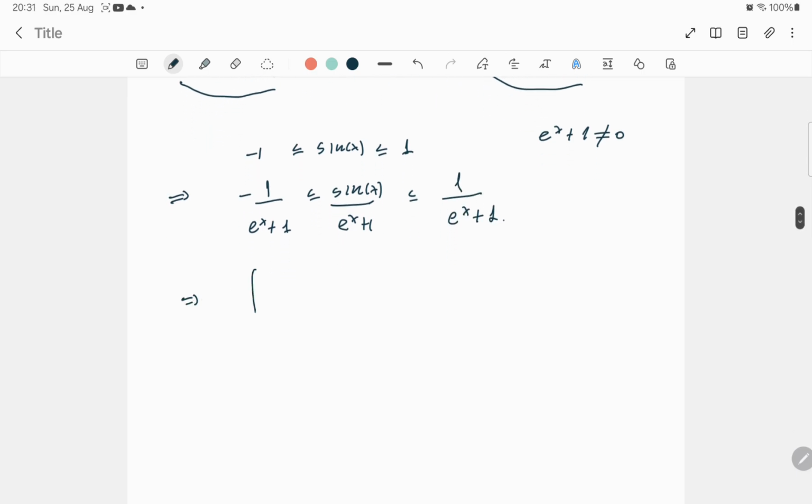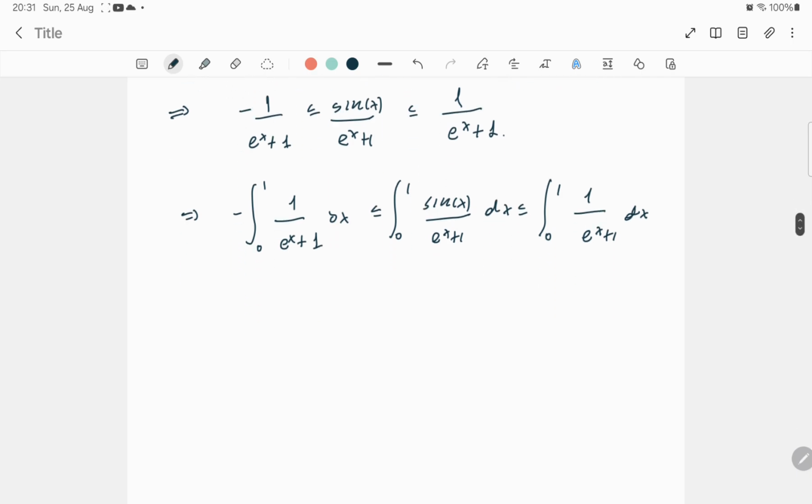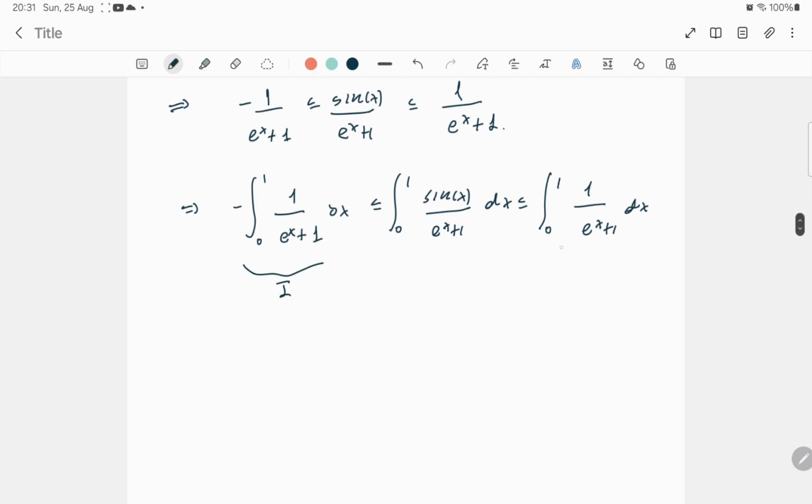And we pass the integral from 0 to 1. Let's call this integral I.